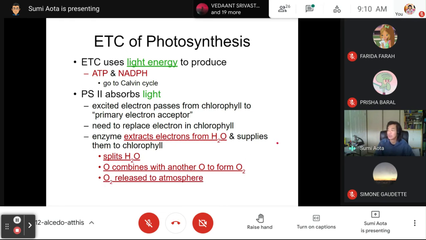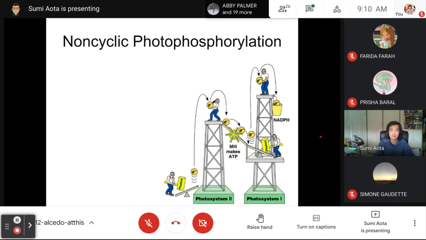That oxygen is then released into the atmosphere, and then we use it in cellular respiration. Now, going back to that Z diagram.